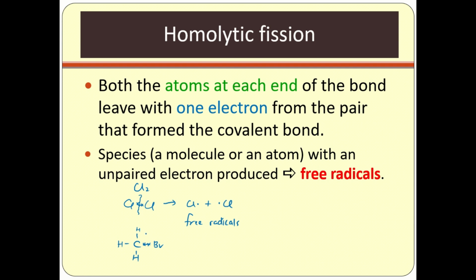When homolytic fission happens, the carbon and the bromine will each take one electron because this is called homolytic fission, even breaking of a covalent bond. So again, two free radicals are formed. One is the CH3 free radical, the other one is the bromine free radical.